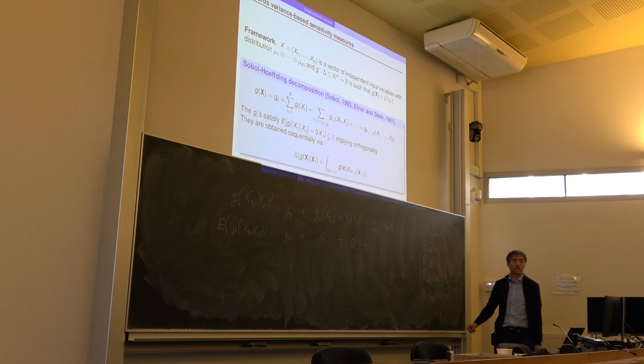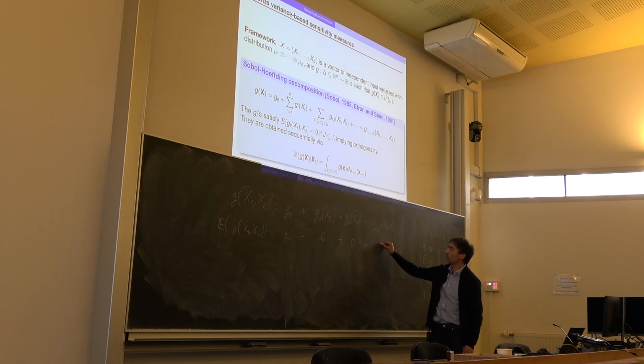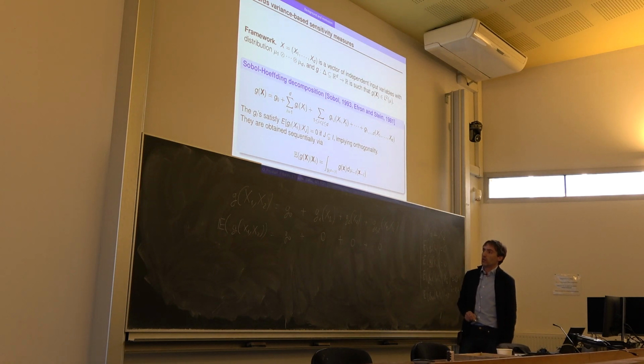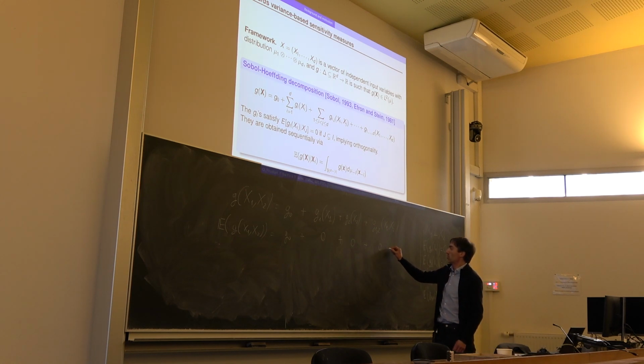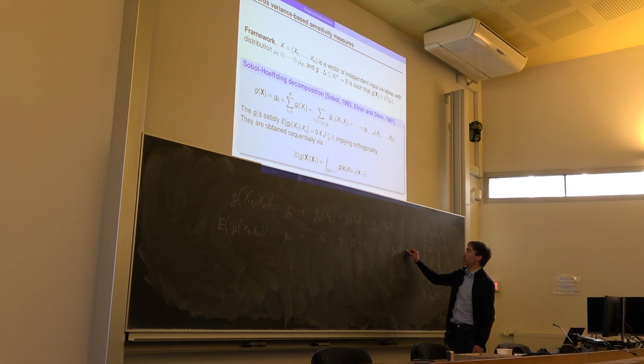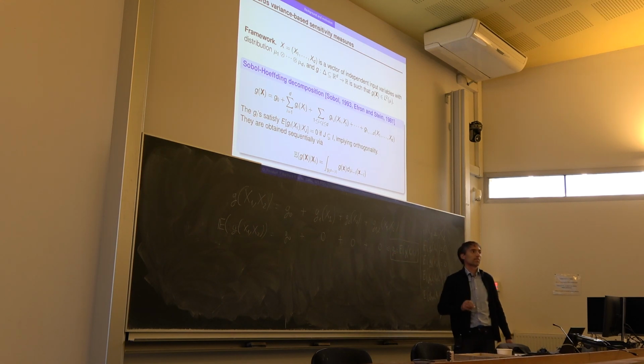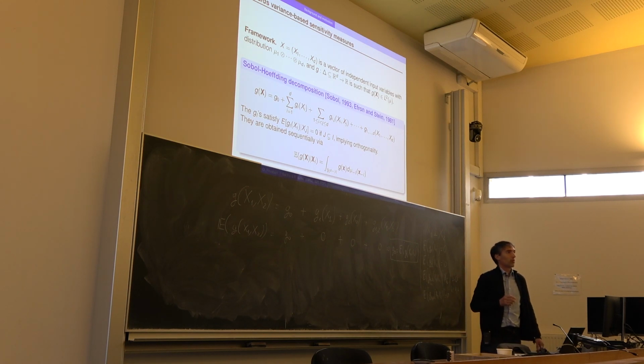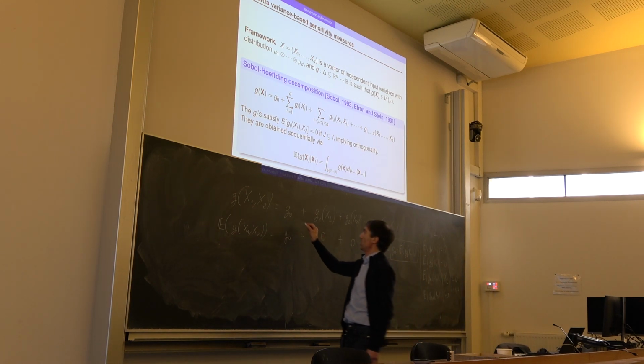So all the terms are centered. So you see that necessarily the constant g0 is nothing but the expectation of your function. Okay, so for g0 it's okay.